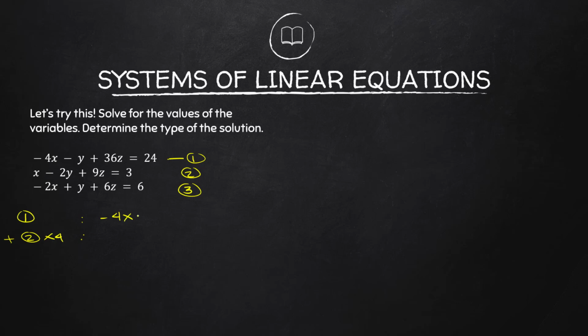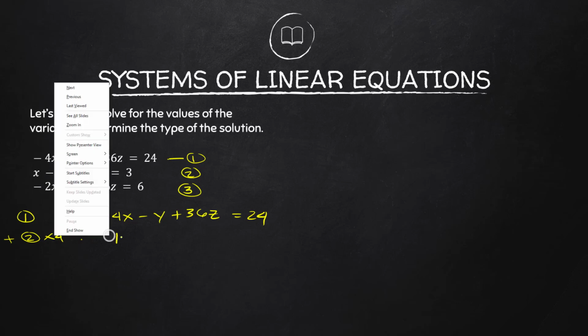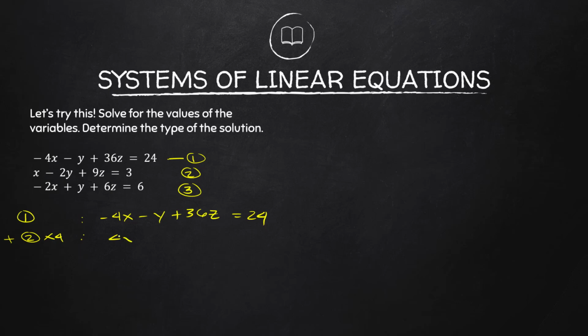This is negative 4x minus y plus 36z equal to 24. Then equation 2 times 4 would be positive 4x minus 8y plus 36z equal to 12.